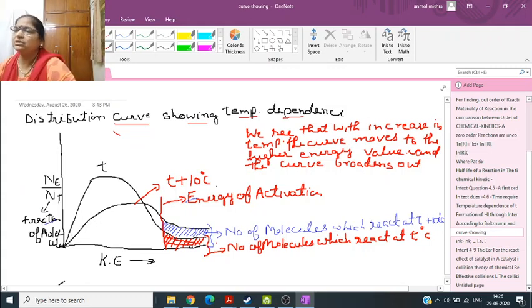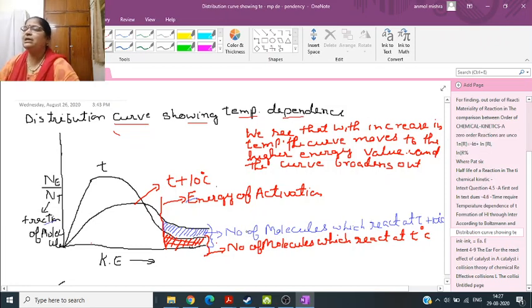Here Boltzmann explained that at temperature T, this red shaded area is the number of molecules which are reacting at temperature T. When we increase the temperature by 10 degrees centigrade, the number of molecules which are reacting increases, meaning red plus blue, both areas of molecules are reacting at T plus 10 degrees centigrade.